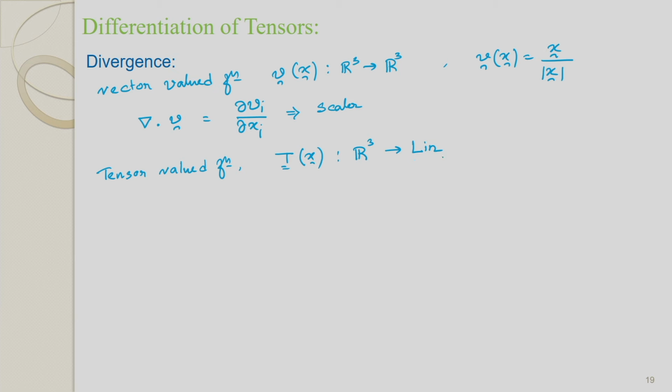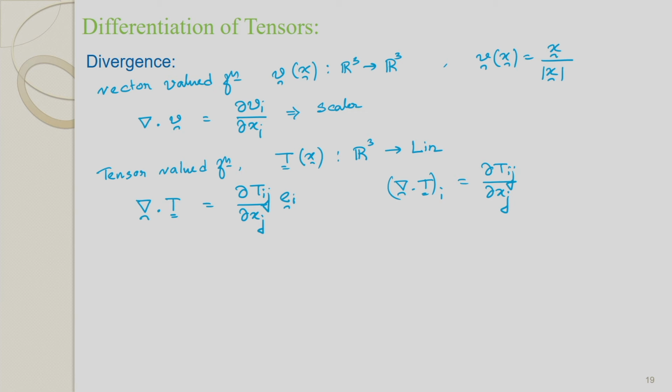a second order tensor is denoted by this line. That is, this is a vector whose ith component is given as this. Here you can see there is this dummy index j.